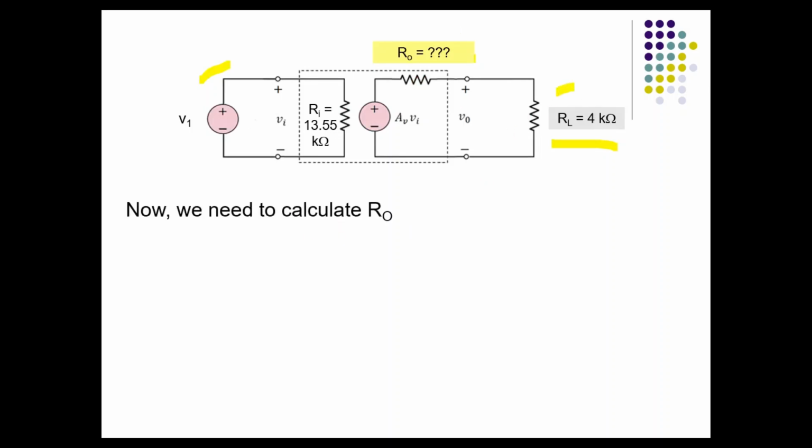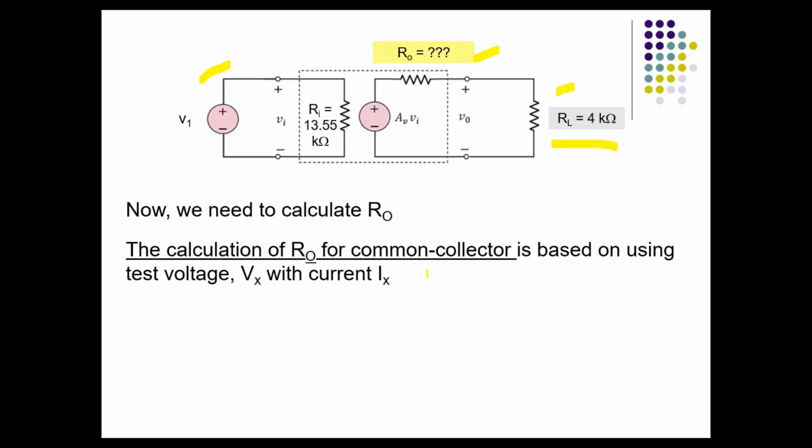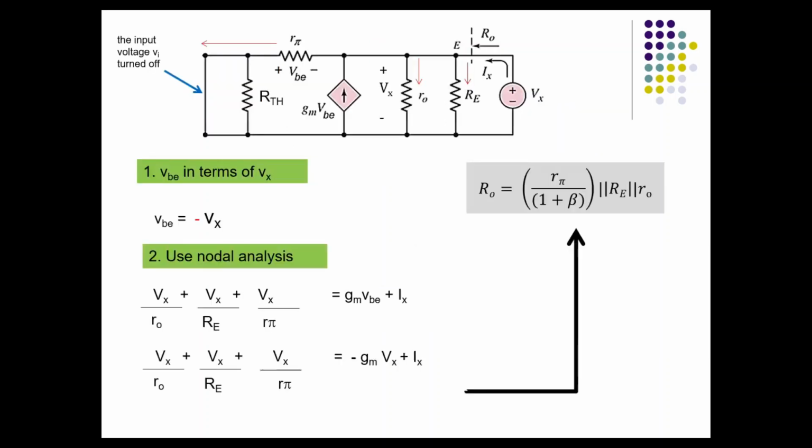So we need to calculate what is the output resistance Ro for your common collector. So this Ro is different. The calculation is different. You have to use a formula, and the formula is derived by using a test voltage Vx with current Ix. So you can see here, this is the whole circuit just now, and this is the test voltage Vx with the current Ix.